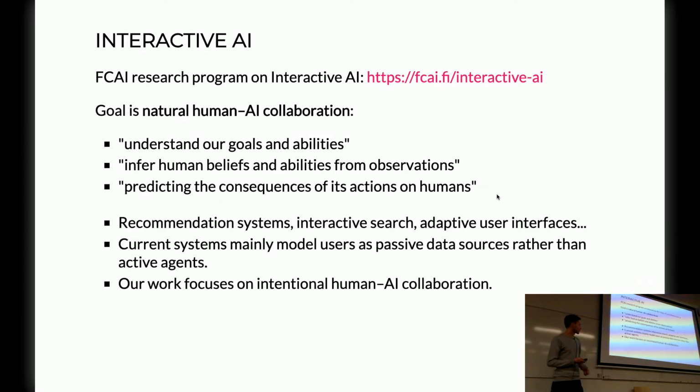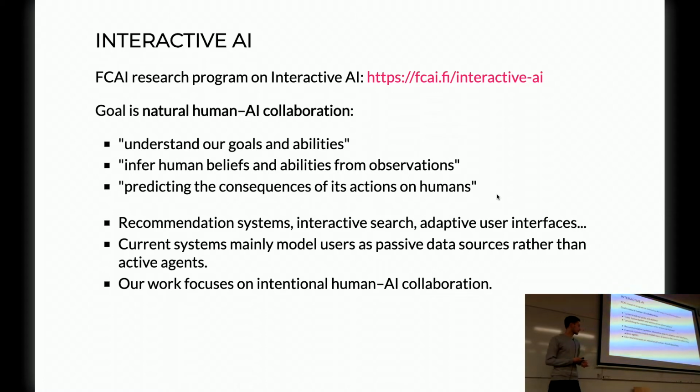And well, some examples, I think recommendation systems are quite a canonical example of interactive systems that are currently in use. Then there are others like interactive search or adaptive user interfaces and so on. But mostly the systems treat users as passive data sources.